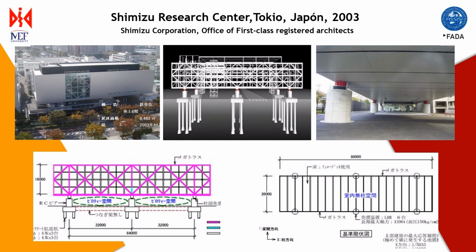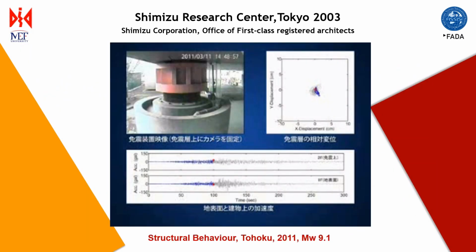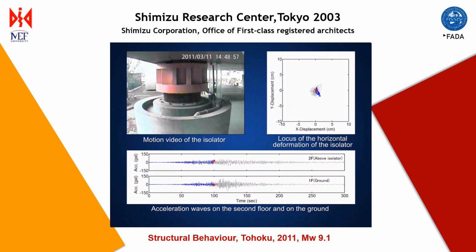Confidence in base isolation system. Only 6 isolators were used in a building like a bridge. And this is the behavior in an earthquake, in a real earthquake.